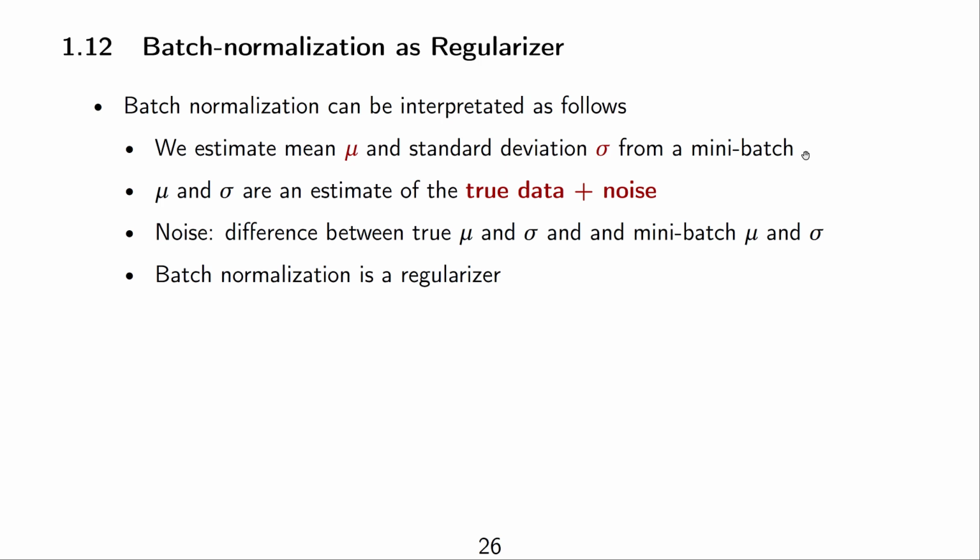So this injection of noise could be seen as a regularizer, because again we make the network more robust to noise, hoping that it will generalize better during inference.